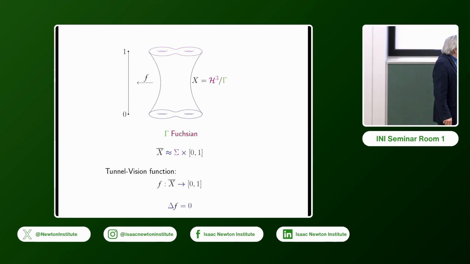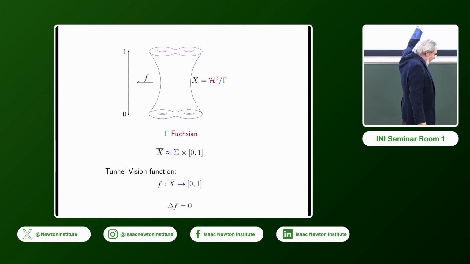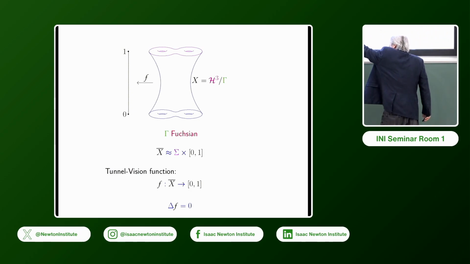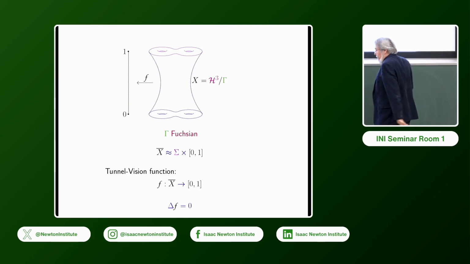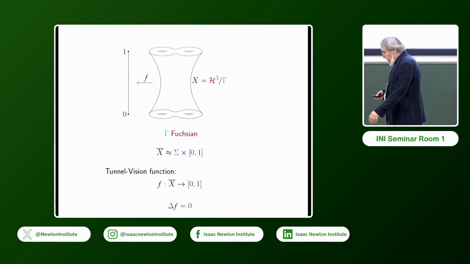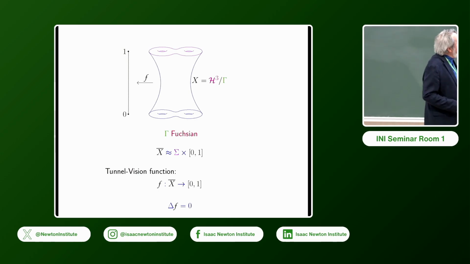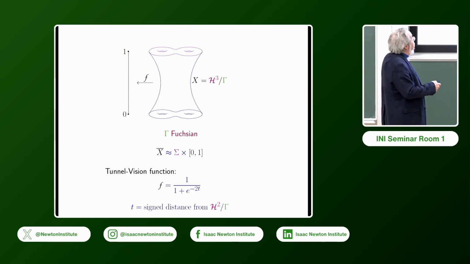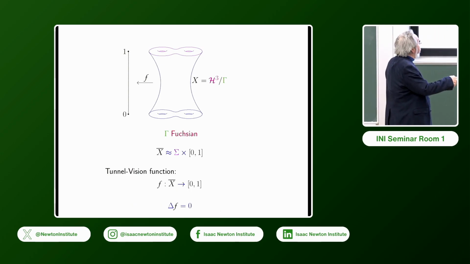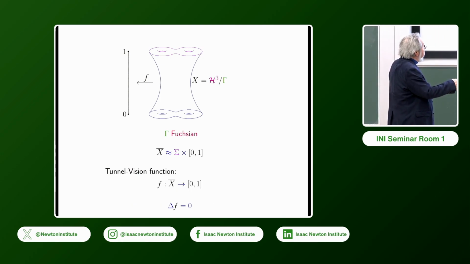This is the harmonic function on this hyperbolic manifold, which is 0 at one boundary component and 1 at the other. That's the Dirichlet way of constructing this. And the reason it's called the tunnel vision function, by me at least, is that at an interior point, you can actually compute this by saying, I look at this boundary component, I look at that.